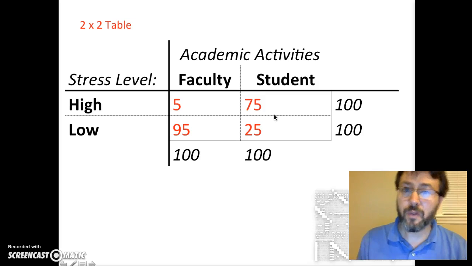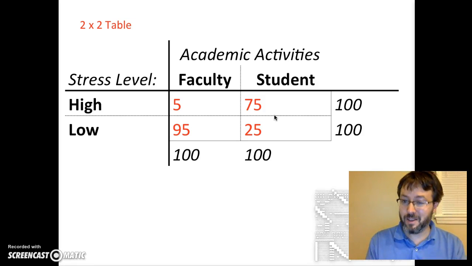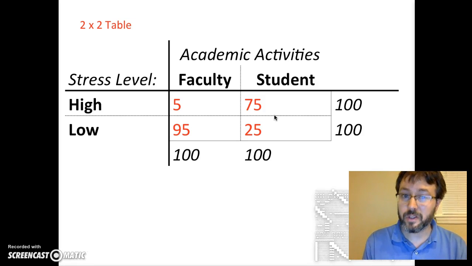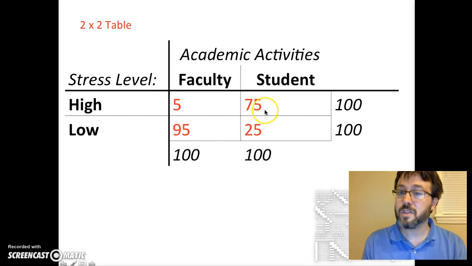So let's say, for example, we've tested those 100 faculty and those 100 students, and we have 5 faculty with high stress levels and 95 with low. When we test the students, we have 75 with high stress levels and 25 with low.